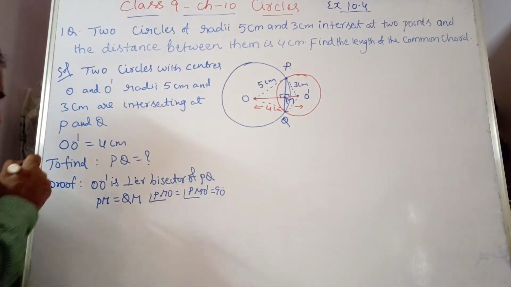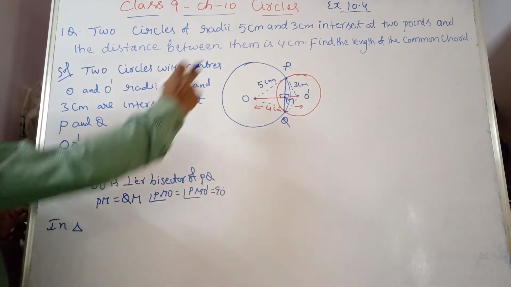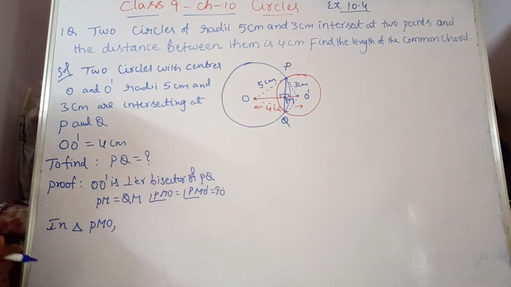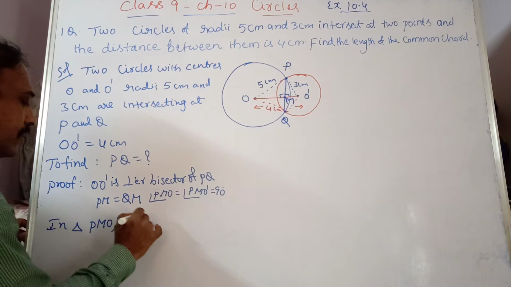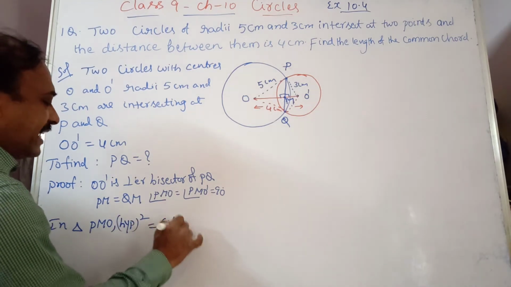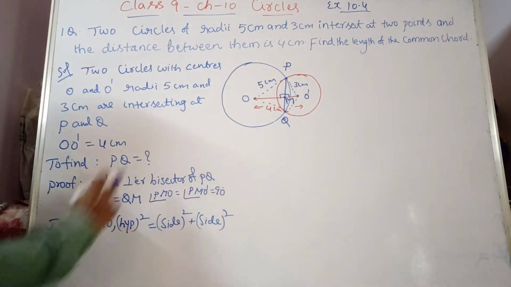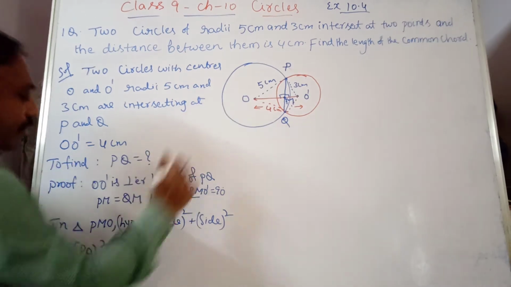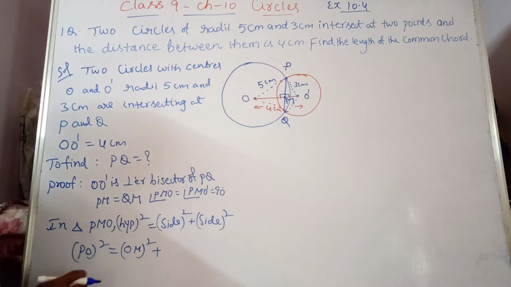So first consider triangle PMO. According to Pythagoras property, hypotenuse square is equal to side square plus side square. The hypotenuse is PO, so PO square is equal to OM square plus PM square.